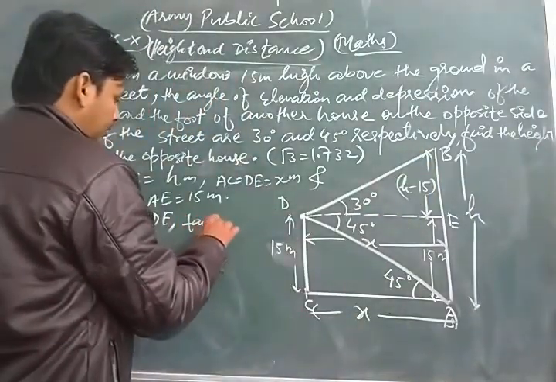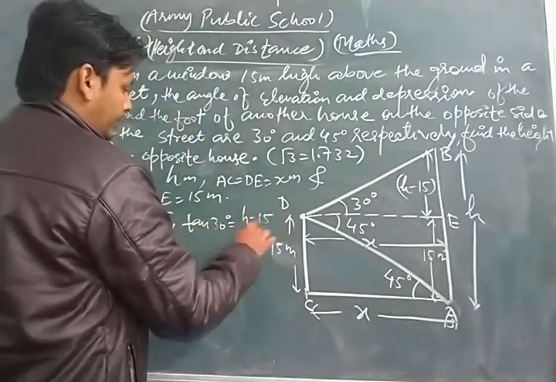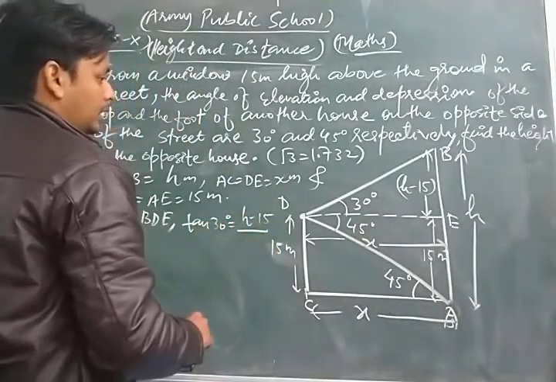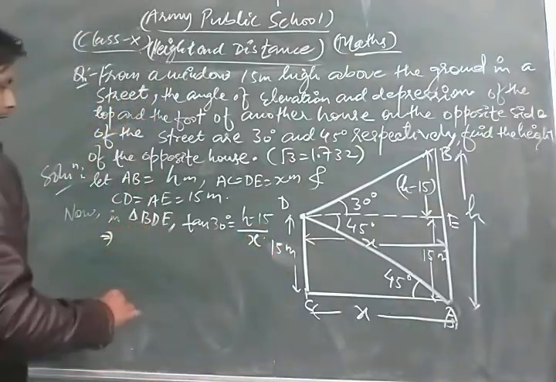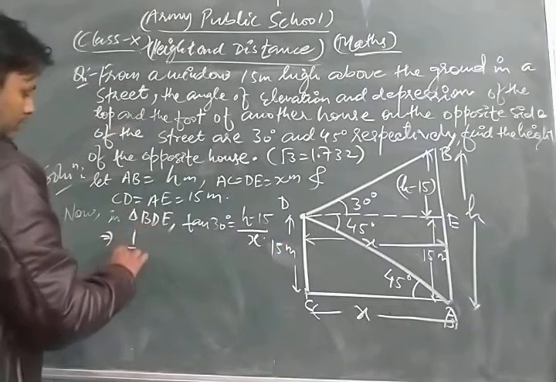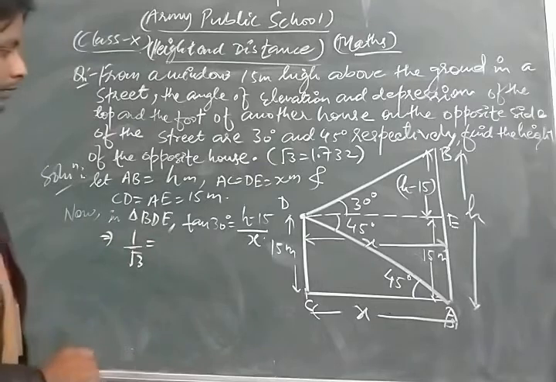So tan 30 equals perpendicular, which is H minus 15, upon base, which is DE, that is X. Now the value of tan 30 is 1 upon root 3.